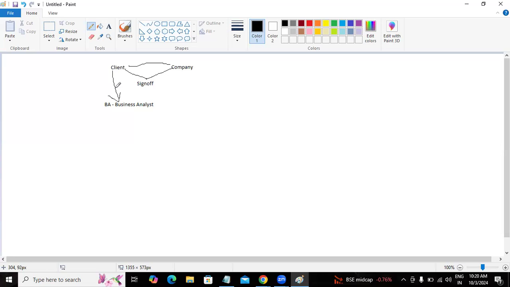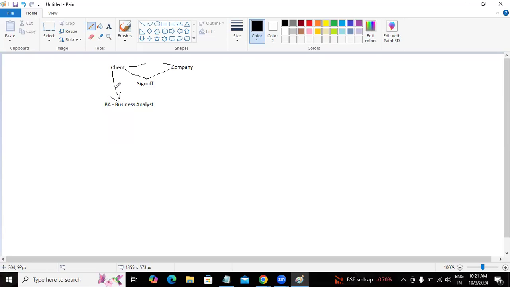After reviewing, they find some gaps in the requirement, and those gaps will be discussed with the client. After that, we receive the updated requirement document from the customer.